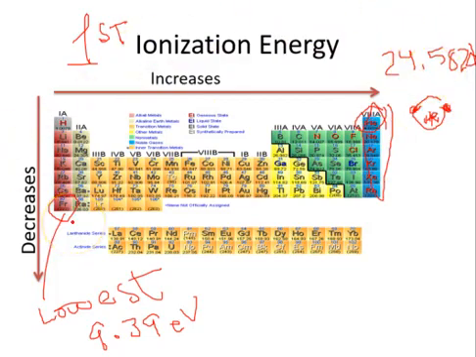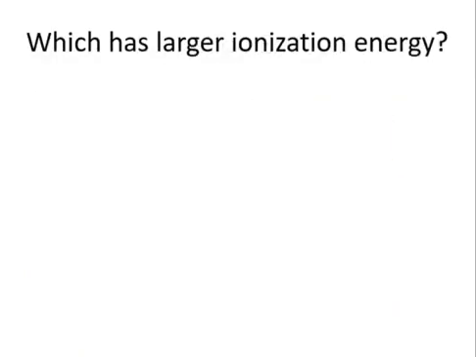So if we know francium's is the lowest and helium is the highest, we can answer any question about a trend. So picture the periodic table and what you know about the 2 elements, the one with the lowest ionization energy and the one with the highest ionization energy, and answer the following questions. Which has the higher ionization energy, lithium or carbon? It's asking for larger.